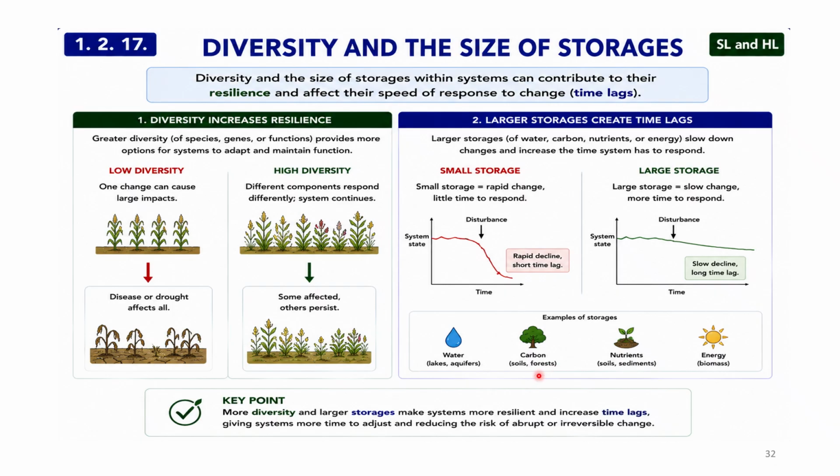Similarly, large carbon stores in forests or soils, groundwater aquifers, nutrient-rich soils, and biomass act as buffers against sudden environmental change. The key message is that ecosystems with high biodiversity and large storages are generally more resilient because they can absorb disturbances, respond more gradually, and reduce the risk of abrupt or irreversible changes.